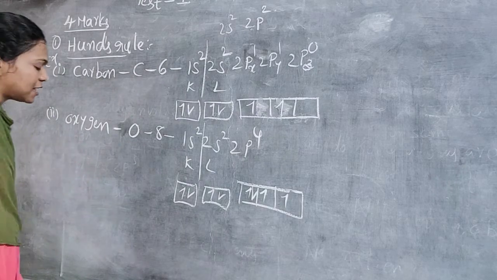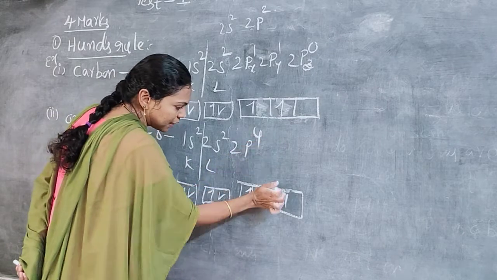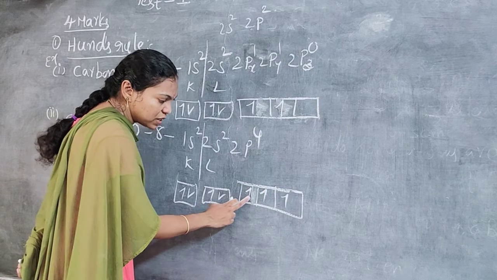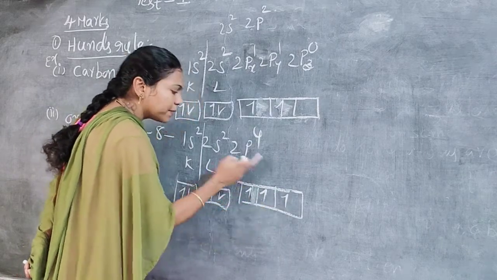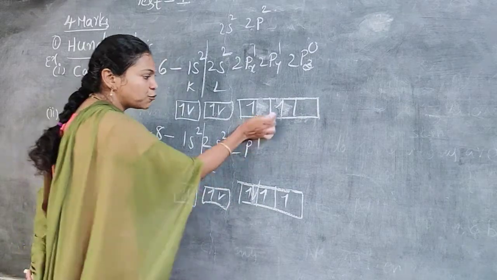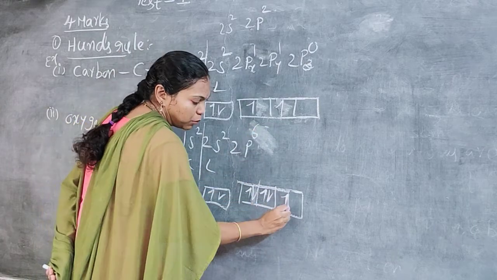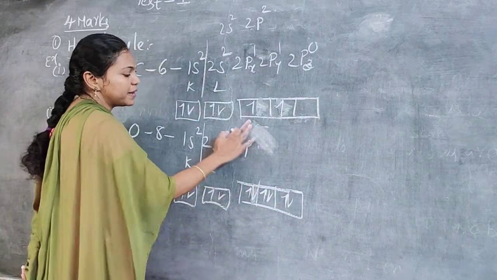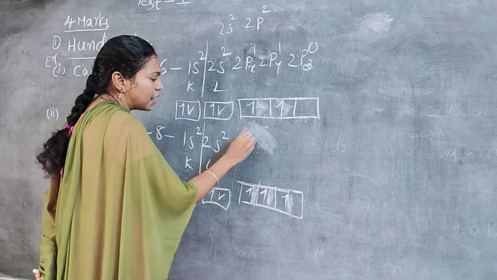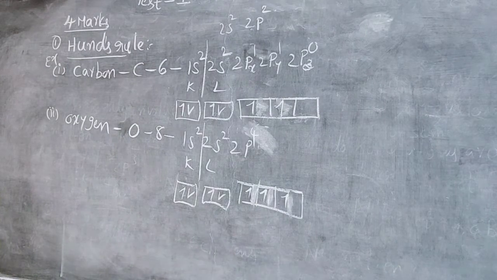We go for oxygen: 1s2, 2s2, 2p4. Here 4 electrons are there, so each is singly occupied: 2px1, 2py1, 2pz1. Then one more electron is paired in the 2px. If 2p5 is there, one more electron pairs; if 2p6 is there, one more electron. Like this, pairing is possible in the degenerate orbitals according to Hund's rule. This is the statement.